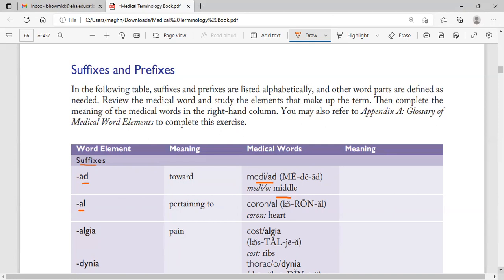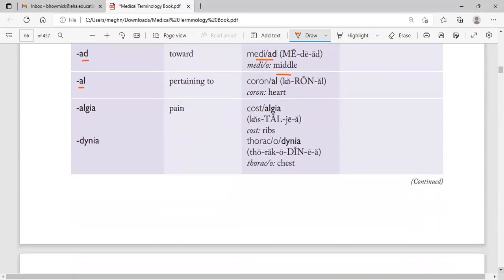Next, -algia means pain, like analgesia, costalgia, rib pain, thoracodynia, thorax or chest pain.